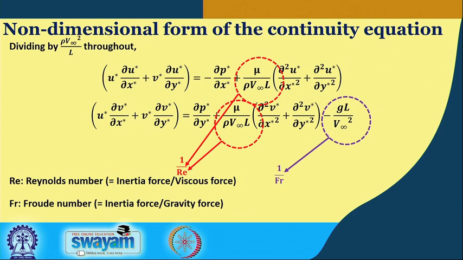But generally, for simplicity's sake, above 2100 we take the flow to be turbulent, which means that even if there are some disturbances in the flow, it will never come back to laminar, it will stay turbulent.